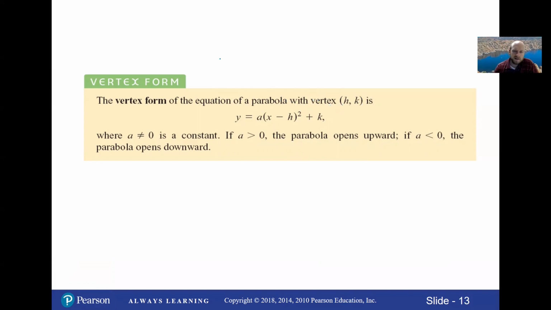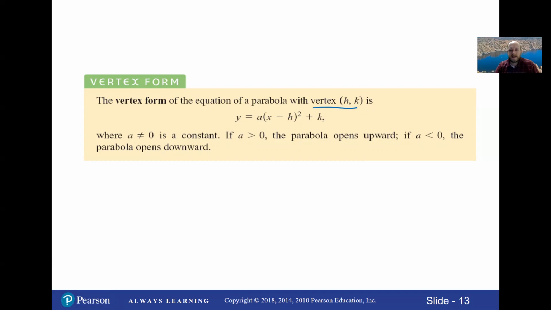Okay, so the vertex, how they usually notate it is it's h comma k, where h is the x value of the vertex and k is the y value.